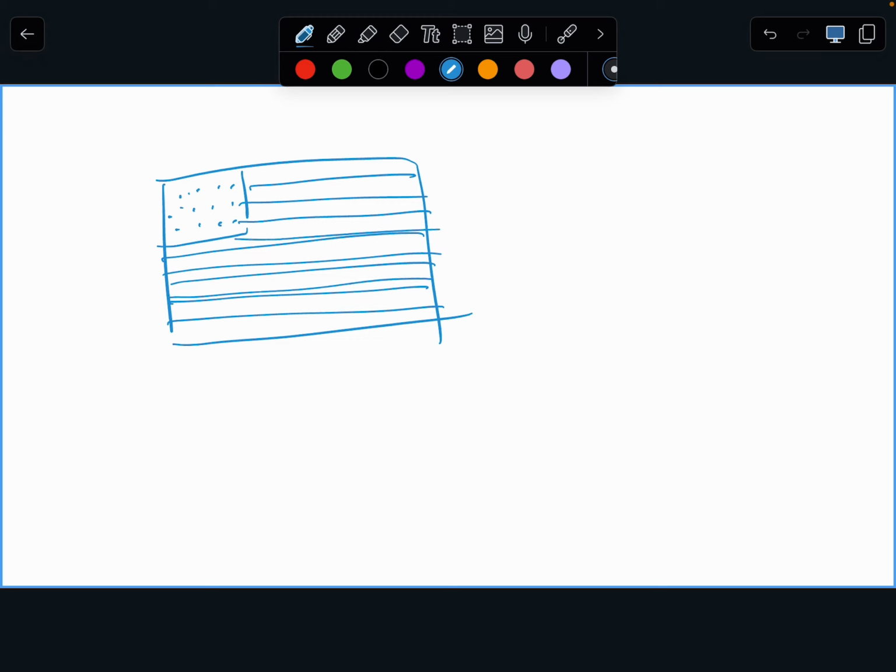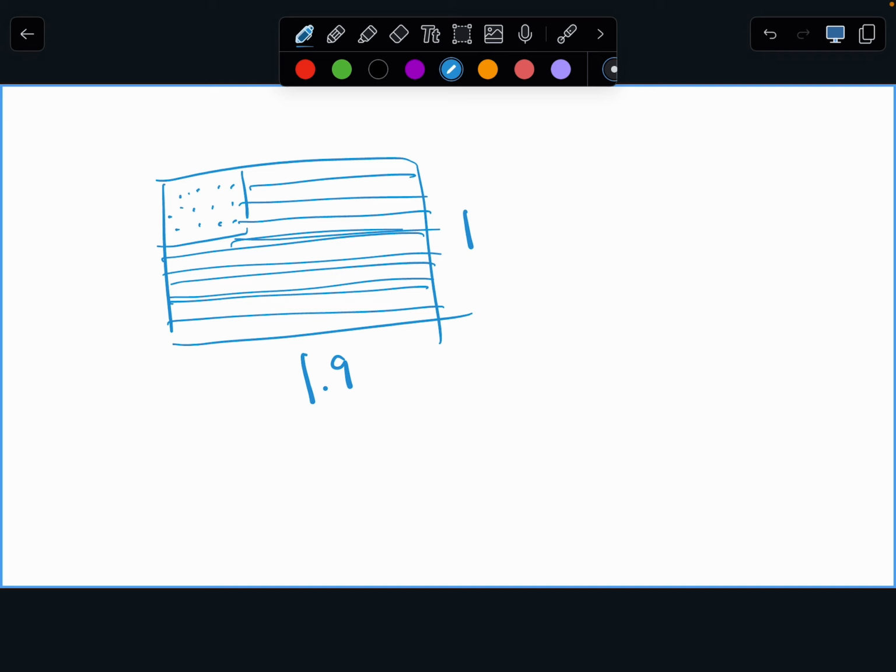Pretend I drew that somewhere good. All right, there's an American flag. There is actually a legal ratio to the American flag. The American flag has to be 1.9 to 1.